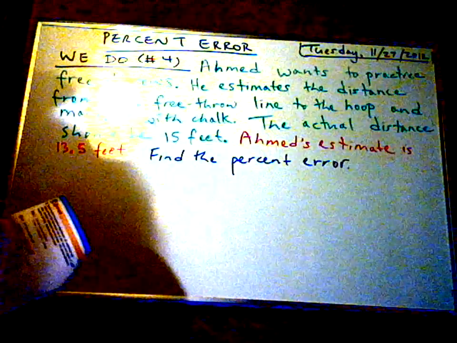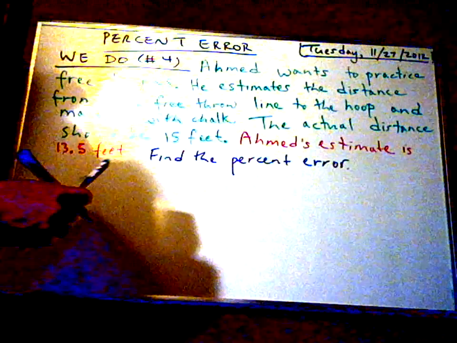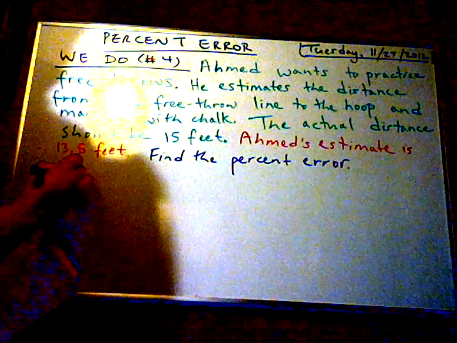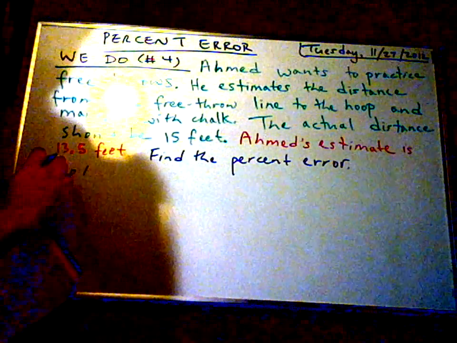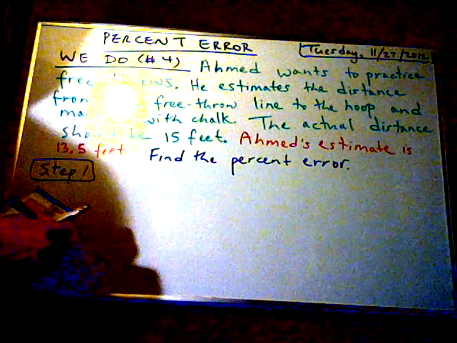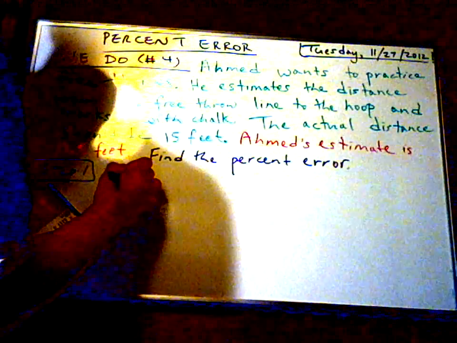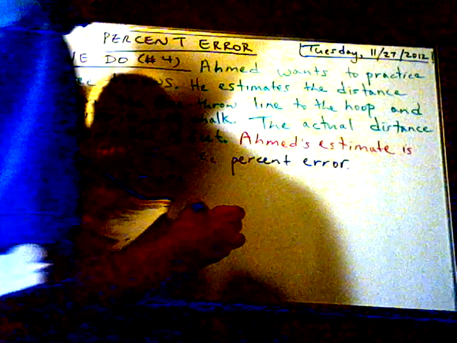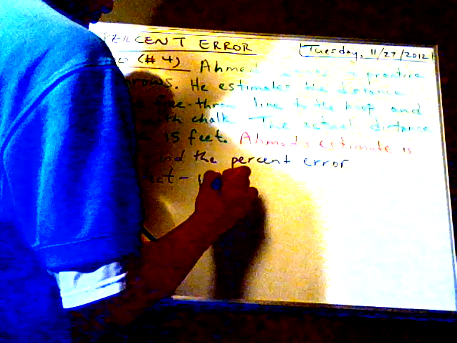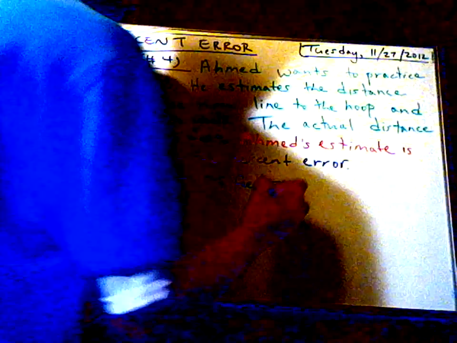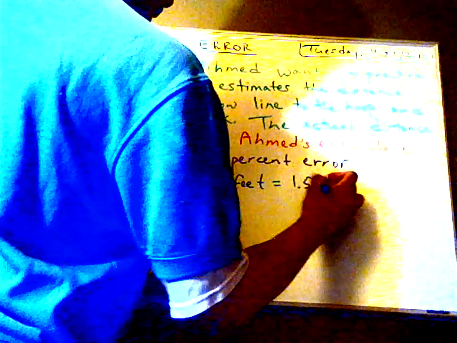So, the solution, as usual, step 1. Step 1 involves just finding the amount of error. So 15 feet minus 13.5 feet equals 1.5 feet.